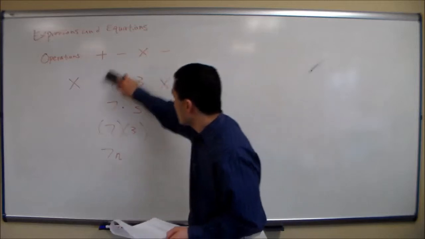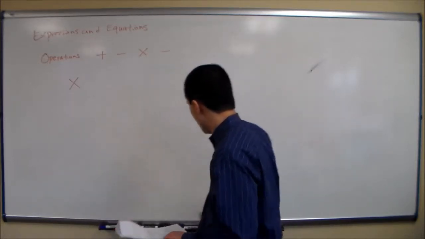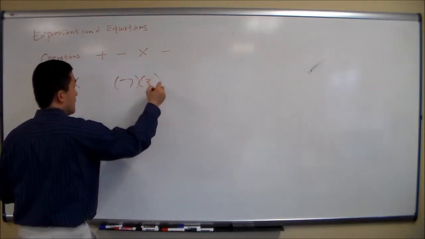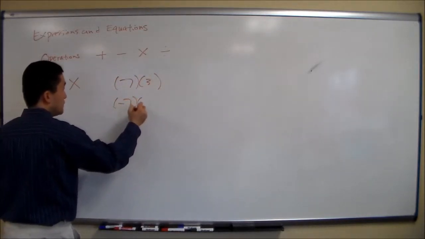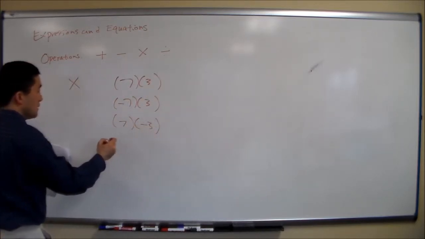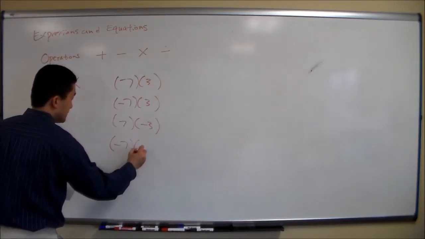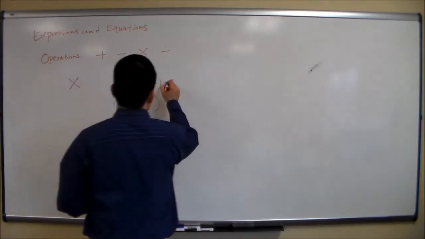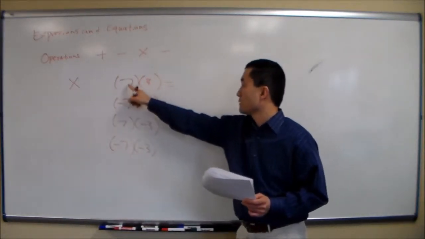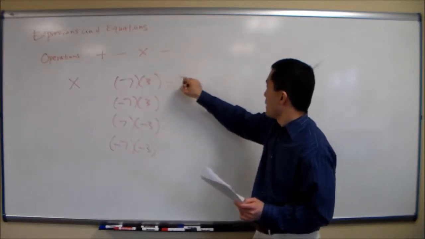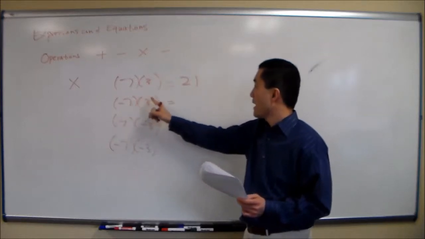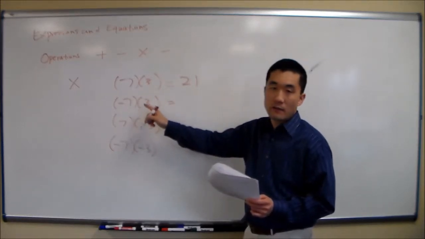Multiplication has a couple of different rules. For example, if you multiply 2 positive numbers, 1 negative, and then 2 negative numbers. The rule is, if you multiply 2 positive numbers, positive, positive, you get a positive number. If you multiply a negative number and a positive number, negative wins.